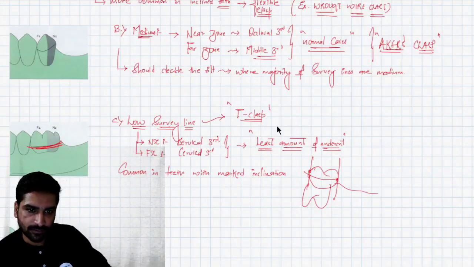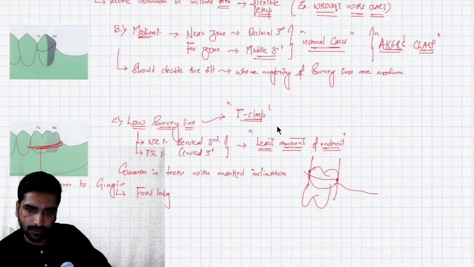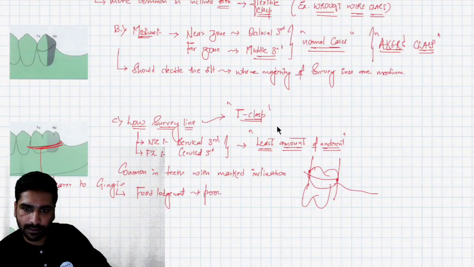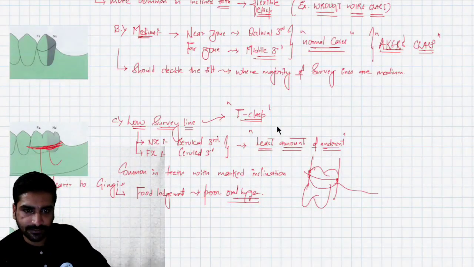When you keep a normal clasp over here, it is nearer to your gingiva. There will be food lodgement and poor oral hygiene. Okay, correct? So for that you keep a T clasp which approaches.